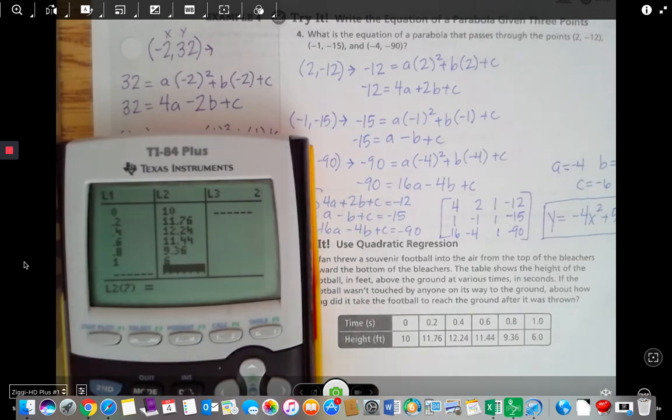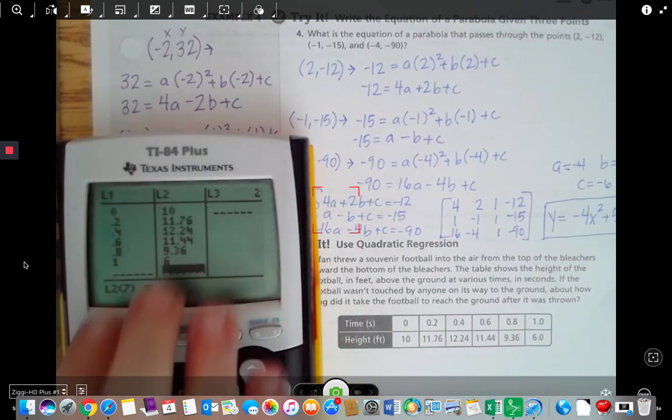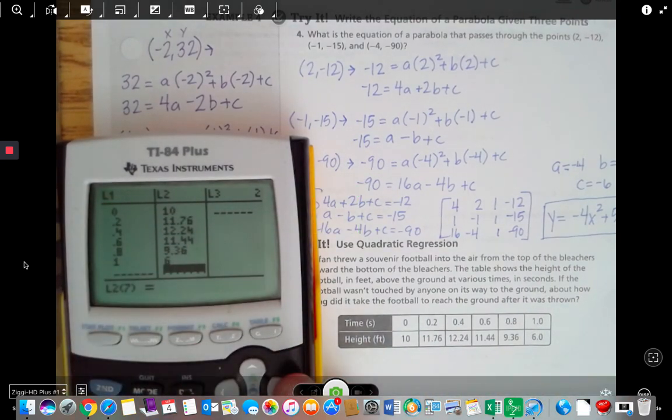So I just went through and on that table I put it in stat. We're looking for a quadratic equation.